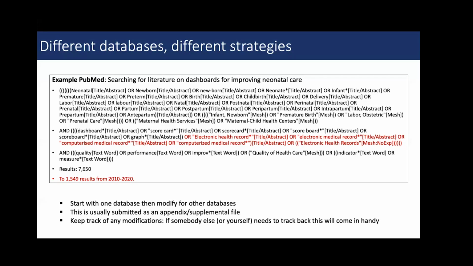And so by changing these terms slightly, I could narrow down to 1,500, and also by changing the time frame. Again, the scoping review comes with an iterative process, and therefore it is probably good to keep track of any modifications along the way, because it helps you and others to go back later and understand the process. And the final search strategy will be part of the publication or thesis in an appendix anyway.